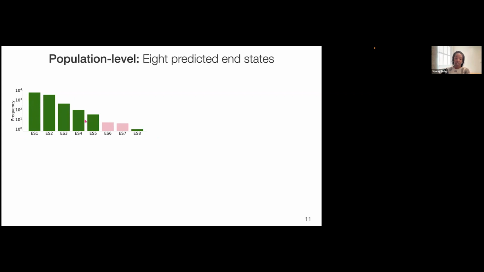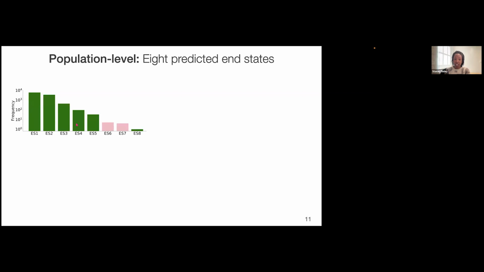And again, we see that the majority of the cells are going to this terminally exhausted state, which also aligns with our experimental observations that show that with consistent activation or stimulation of T cells, they predominantly would go to an exhausted state.